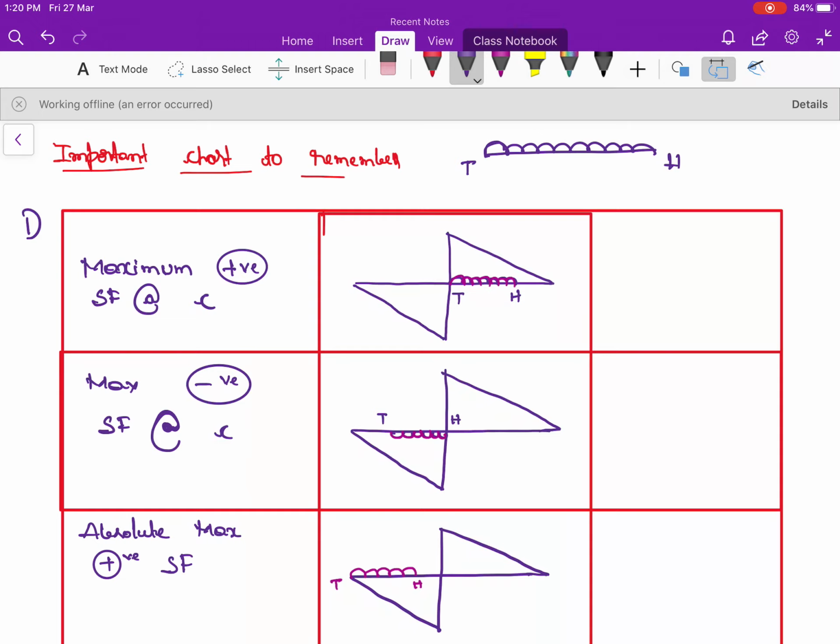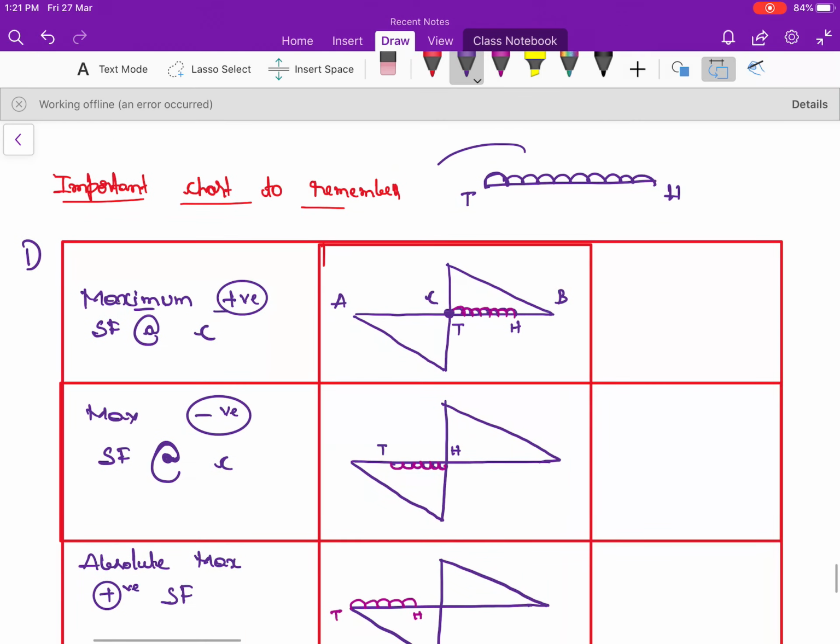See here, the shear force diagram will come like this. In this situation, the situation is given like this: maximum positive shear force at a point C. So let me take this point as A, B, and let me take this point as C. How to draw the shear force I had already explained in the previous video. Now the placement of load upon the particular point is very important so that you get the maximum positive shear force.